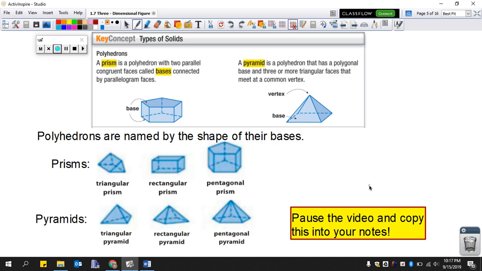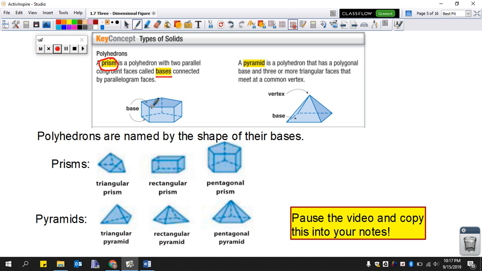Right. So there are two primary types of solids. You have a prism, which is a polyhedron that has two parallel faces that are called the bases, connected by parallelogram faces. All right.